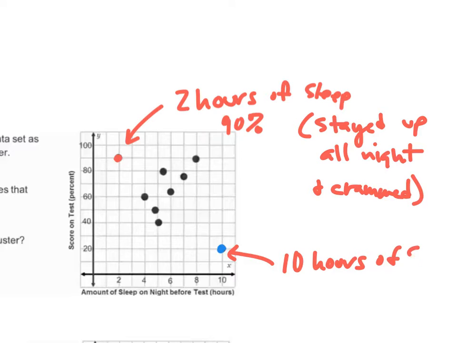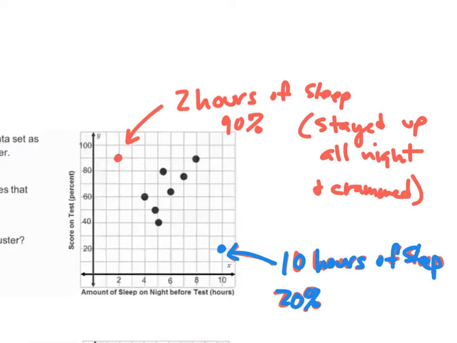10 hours of sleep, and they got a 20%. So this person, and let me change this to blue, 10 hours of sleep, 20%. The conclusion you can draw, I mean, this isn't necessarily true, that they stayed up all night and crammed, this is what I'm assuming.